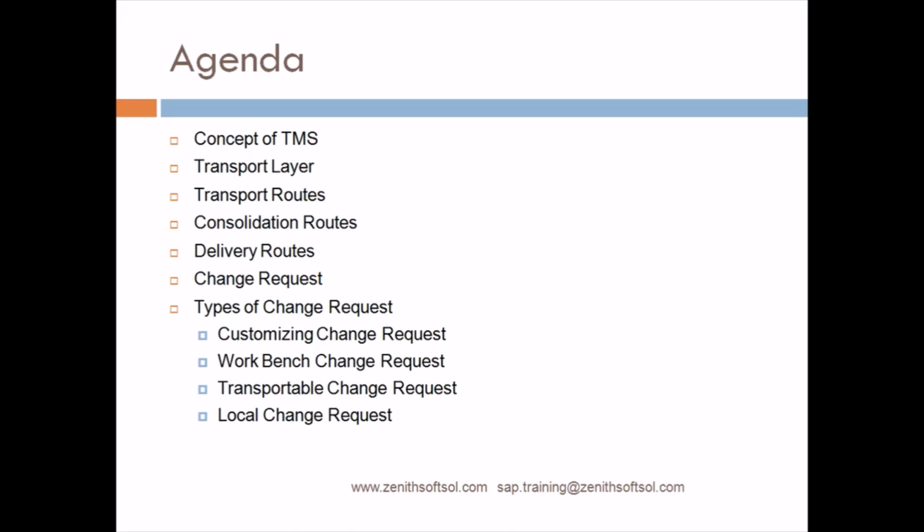So CTS is a tool which is used to transport, tune and test customizing settings between systems and clients. Using transport requests and customizing settings, development work created in a separate development client can be automatically recorded in a change request and then transported into the quality assurance client and finally into the production client.